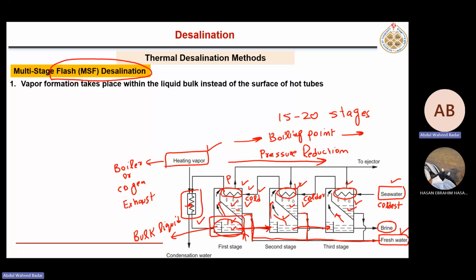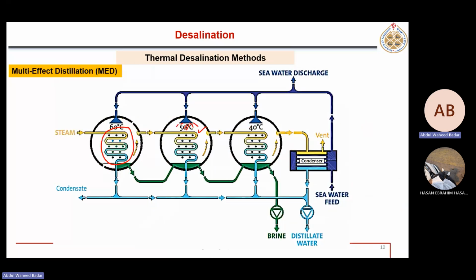So its efficiency compared to the previous system is low because here water vapor is not properly evaporated by coming in contact with the heat transfer surface. Because in the previous system, we were using a spray mechanism where water is converted into small sprays, and that comes in contact with this heating surface.